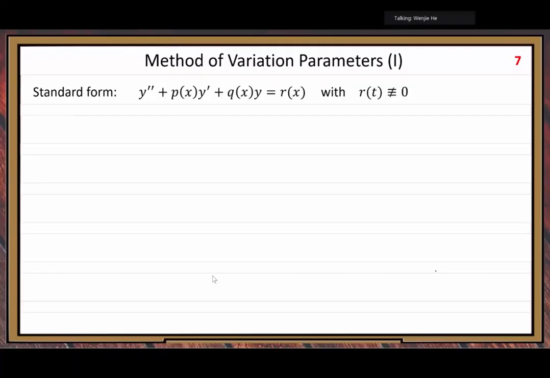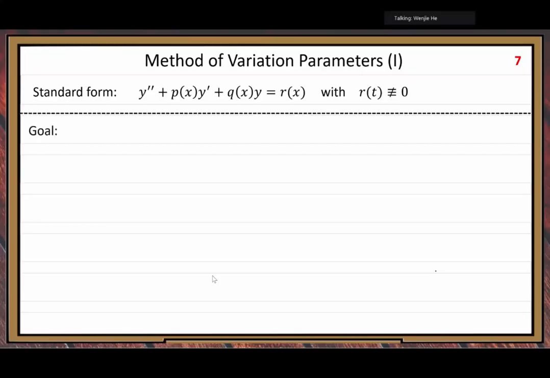You can see how hard it is to solve this problem with non-constant P and Q functions. So you really need some non-trivial technique to help you find the solution.